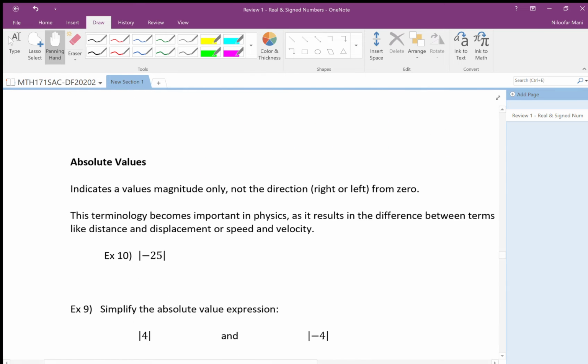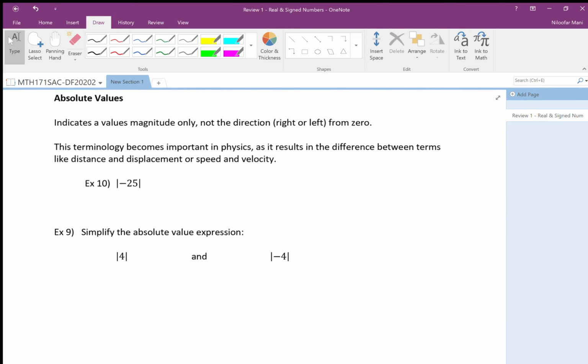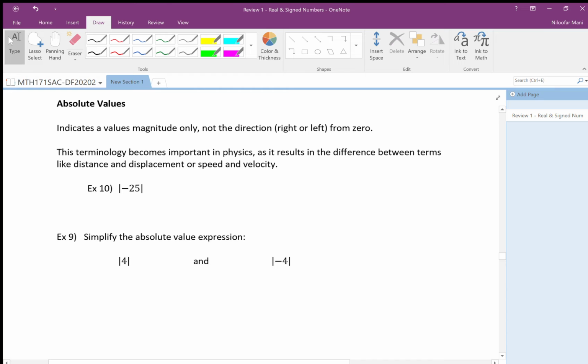Okay, absolute value. Absolute value is just this sign. That's a very important operation in math. We can make many functions. We can draw graphs. So that's a very powerful operation.